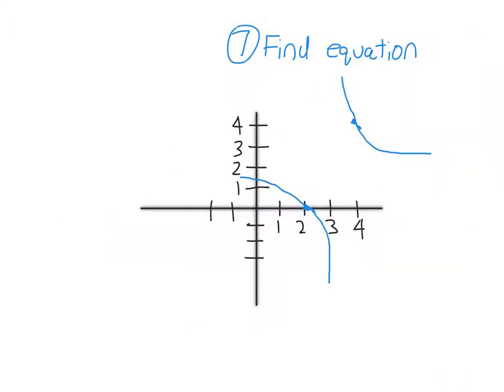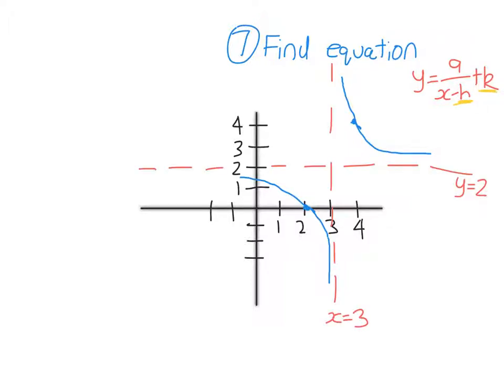So in question 7, we're given a graph that looks like this, and we're asked to find its equation. So I know that it's a hyperbola, so it's going to be of the form y equals something over x minus h plus k. So what I'm going to do first is look at the asymptotes, because the asymptotes tell me the h and the k value. The vertical asymptote here is x equals 3.